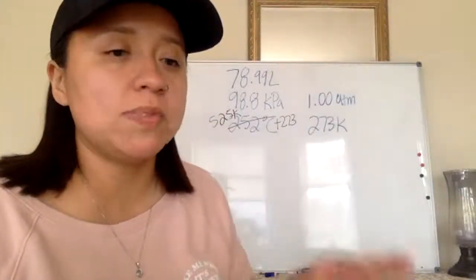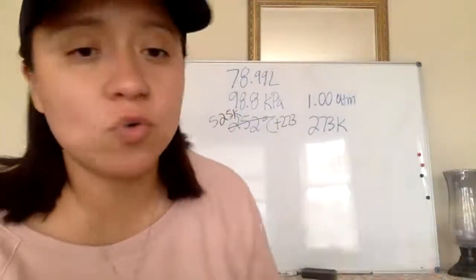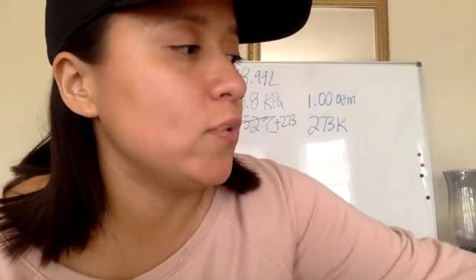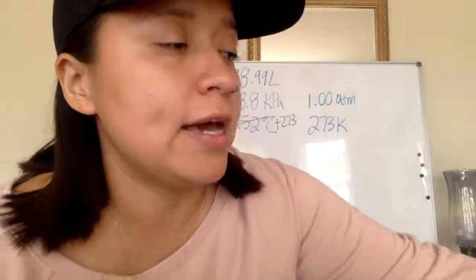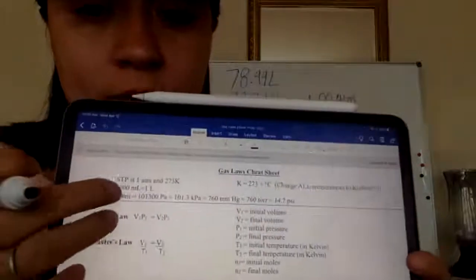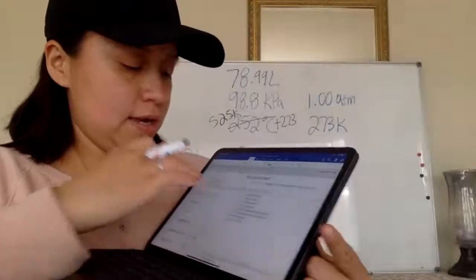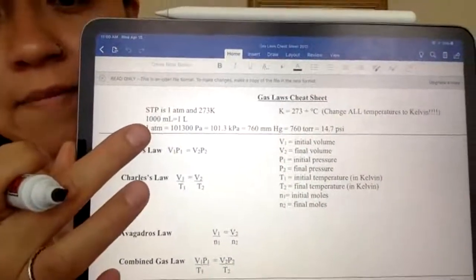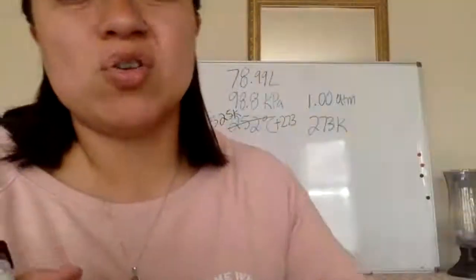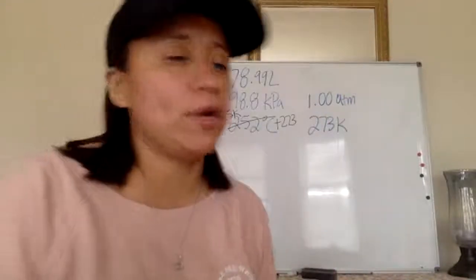ATM, kPa, not the same units. I'm going to tell you guys right now, for these kinds of problems, I would switch the ATM because you don't need to do much math to it. You already know in the Gas Law cheat sheet that one ATM equals 101.3 kPa.